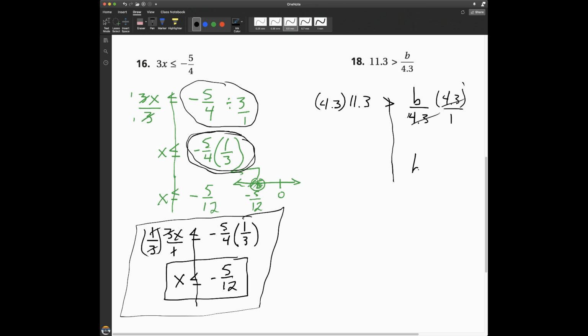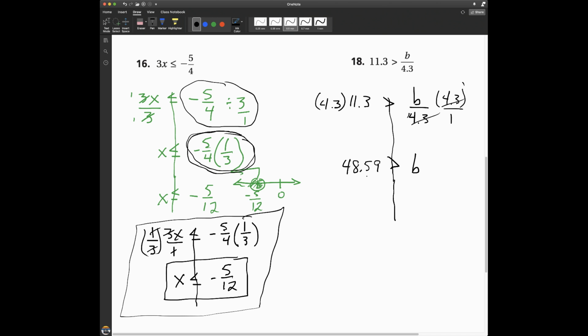I end up with b on this side. And then on the left-hand side, 4.3 times 11.3 gives me 48.59.